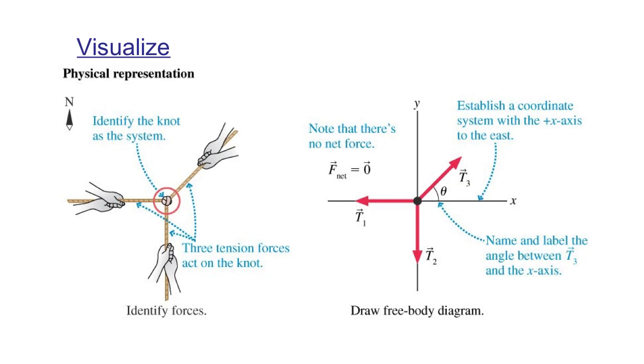If I just take those two expressions and I divide this one by that one, I get T2 over T1 is just T3 sine theta over T3 cosine theta. The T3's cancel out. I then get an expression of tangent theta is equal to T2 over T1. Can you solve that on a calculator? If I ask you to solve the inverse tangent of T2 over T1, you immediately get the angle.